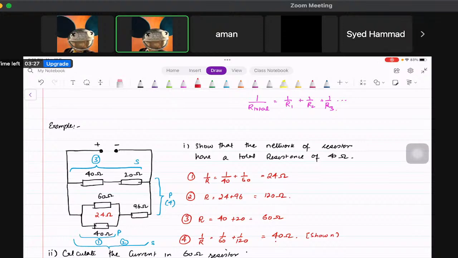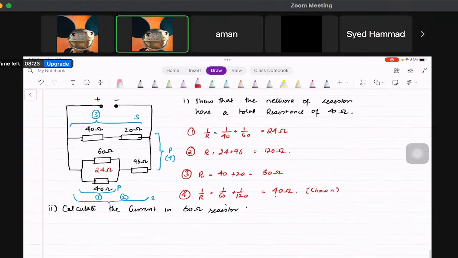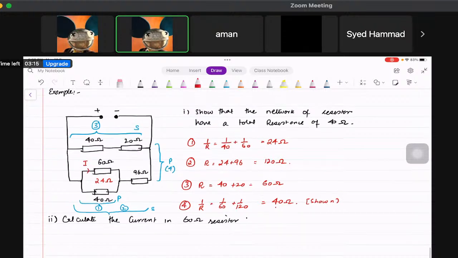The next part is equally important, and it says calculate the current in 60. So we want to find the current here. How do we do that? First of all, I did not give it, this was 6 volts.